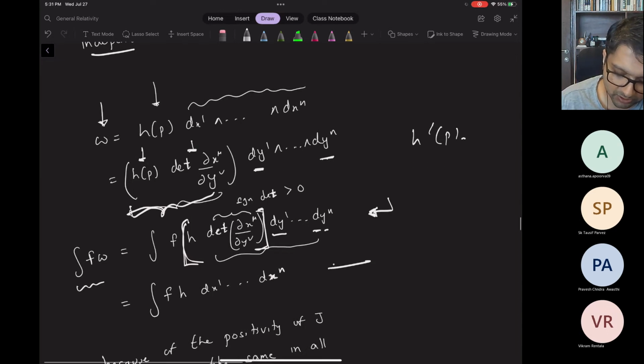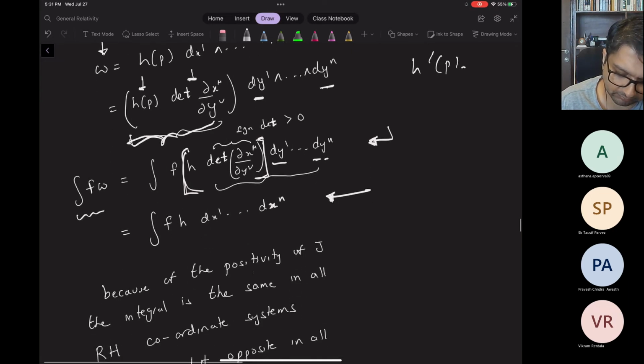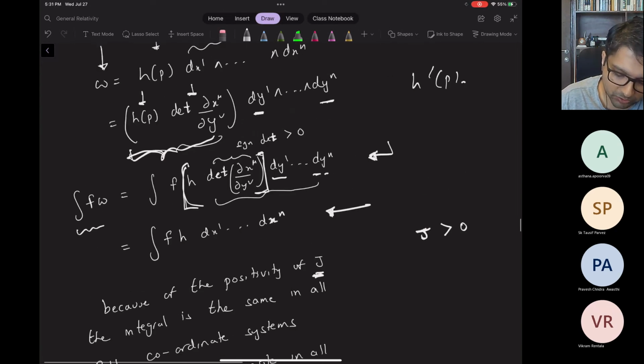If we use the x coordinate system, then we get that this is the integration that we need to do. But the key point is that because of the positivity of the Jacobian, if we choose our coordinate system such that the Jacobian is always positive, then these two integrals are actually the same.